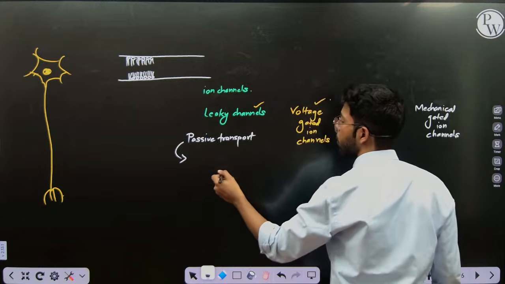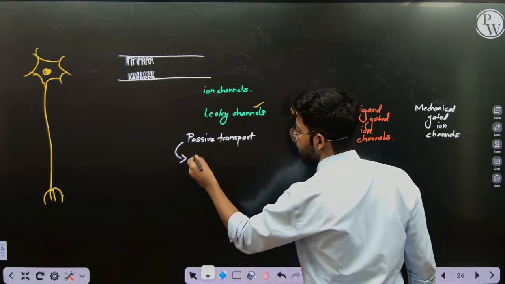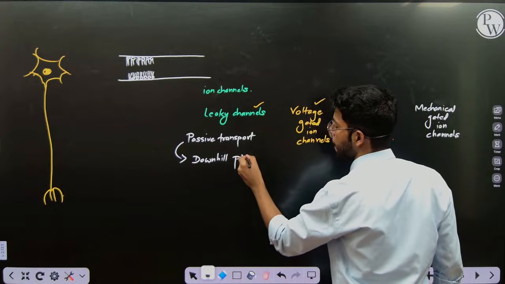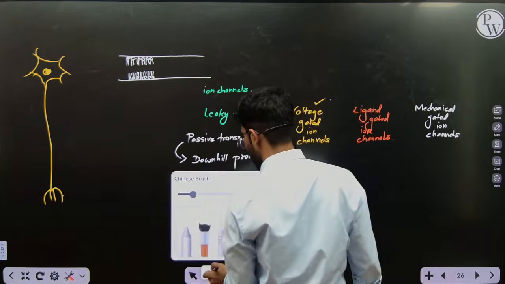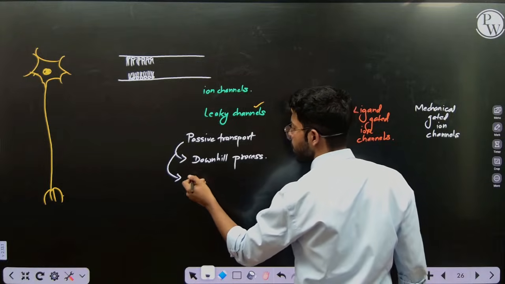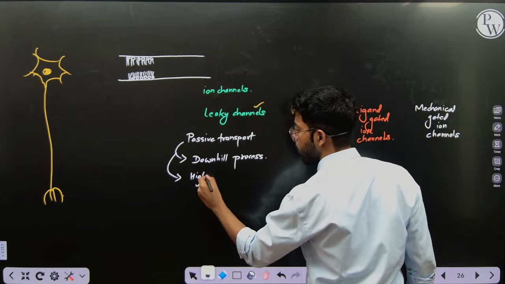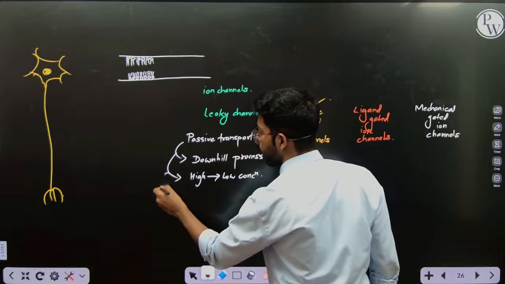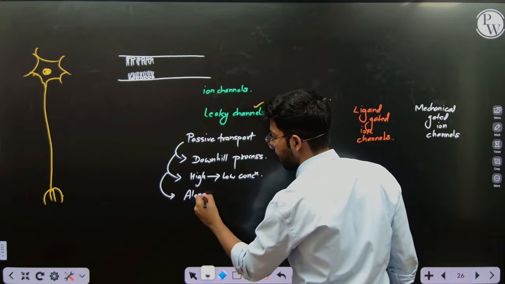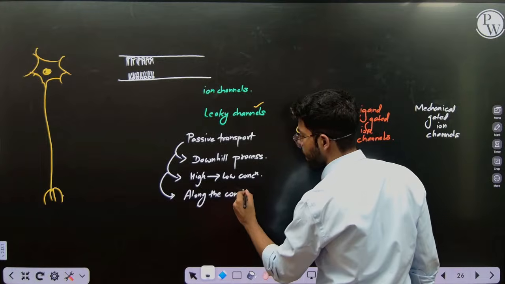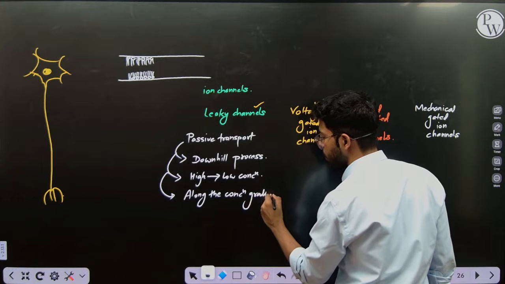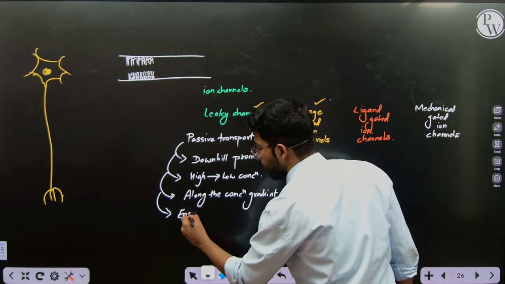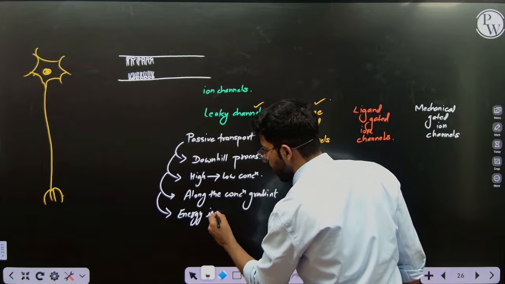That means it is a downhill process, from high to low concentration, along the concentration gradient, and energy is not required.